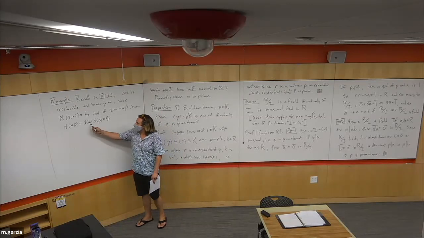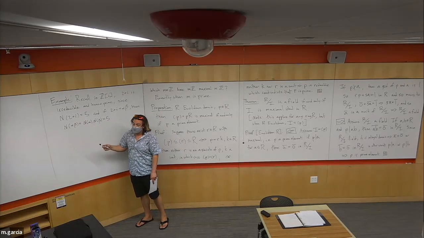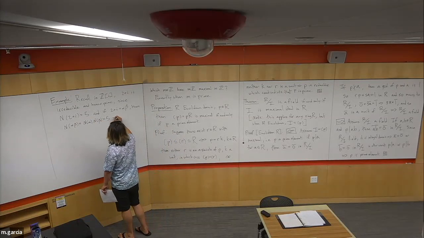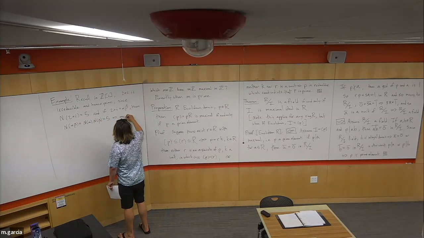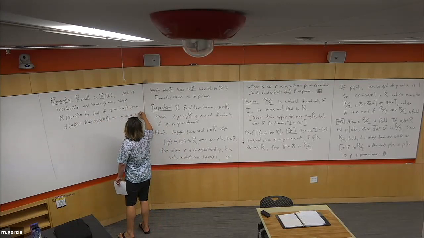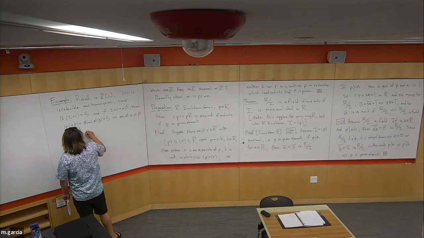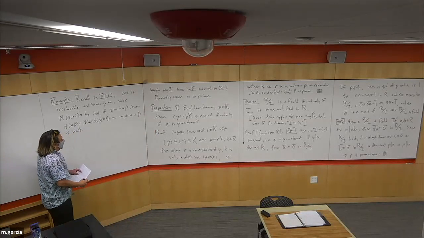So that implies that one of these would have to be a unit. So therefore it's irreducible, because the norm is a prime integer, right?